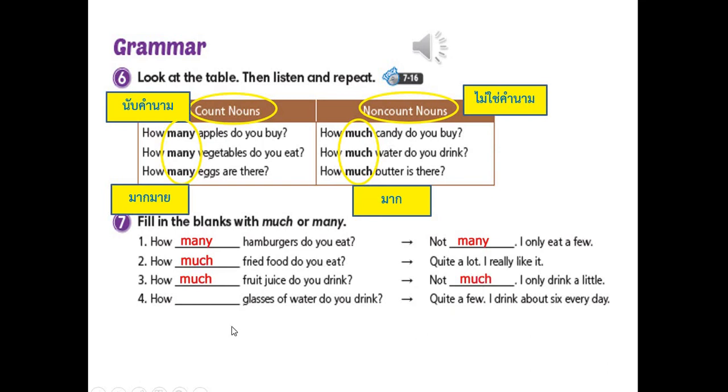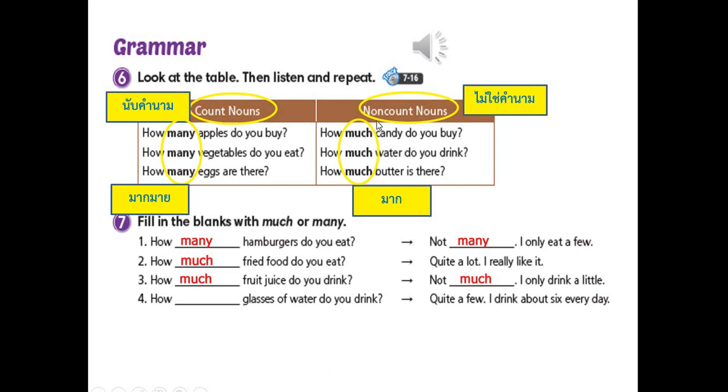Okay? Next, number 4. How many glasses of water do you drink? Our keyword here is the glasses of water. Glasses of water, count or non-count?